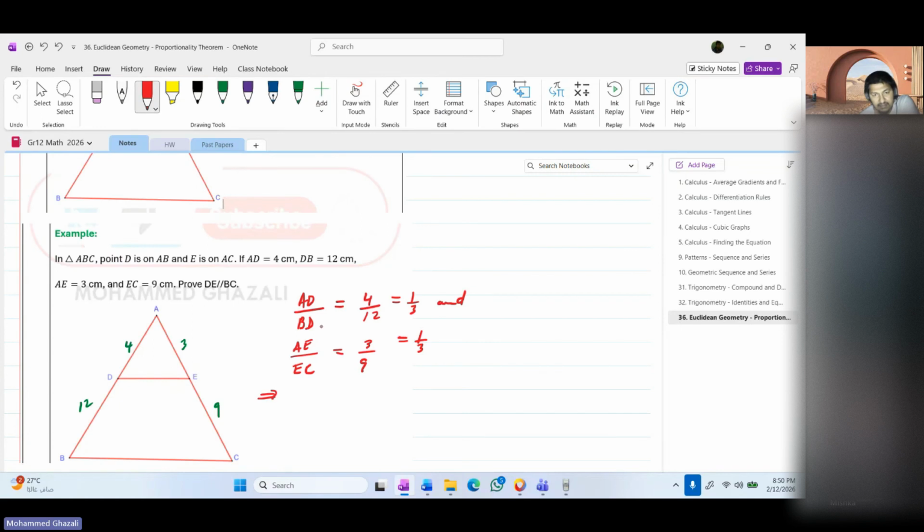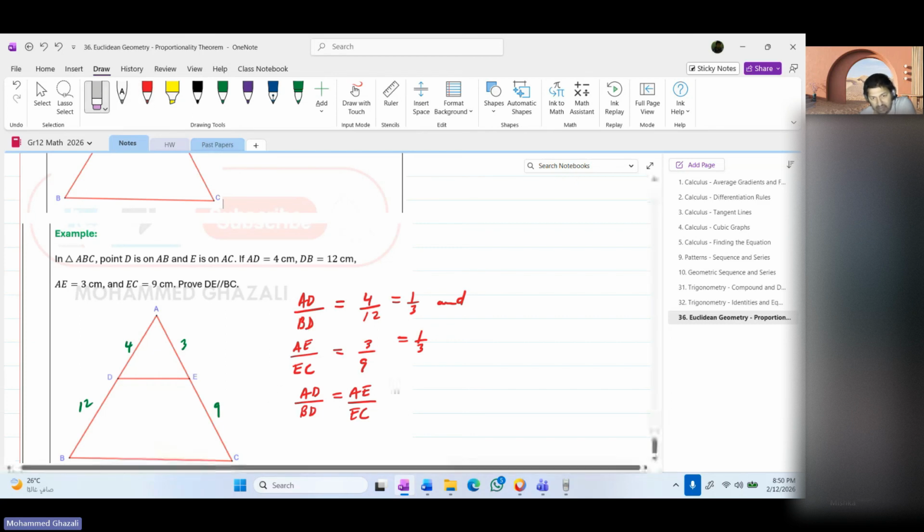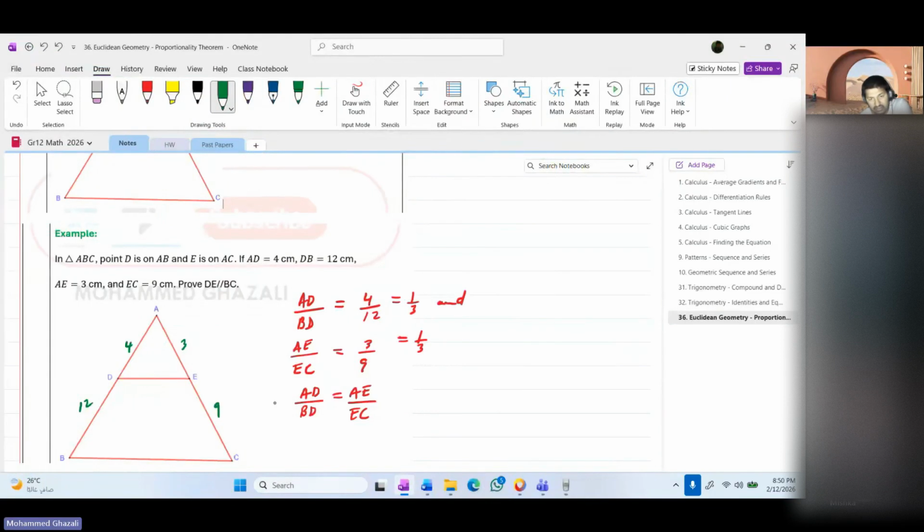This implies AD over BD is equal to AE over EC. But this was given already. Prove that DE is parallel to BC. So this here becomes a given condition.